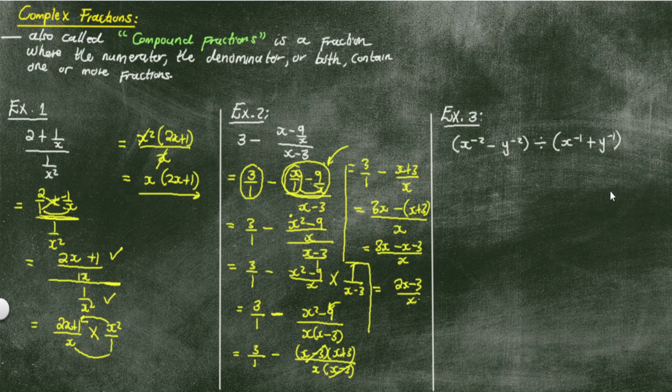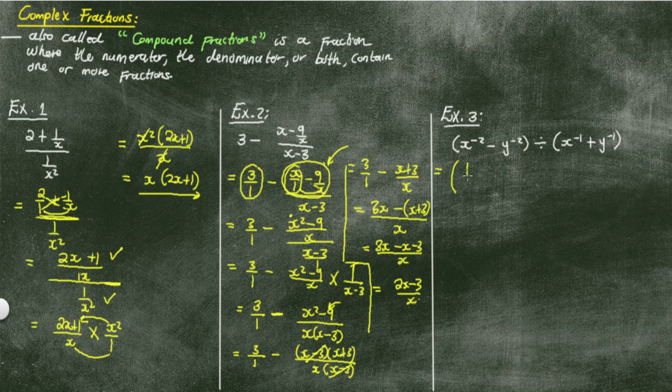Now, let's grab one last example. So in this case, I have an x raised to exponent minus 2, a y raised to minus 2, divided by an x raised to minus 1 plus a y raised to minus 1. So in such a case, we cannot work with negative exponents. So we have to change the negative exponents to positive.